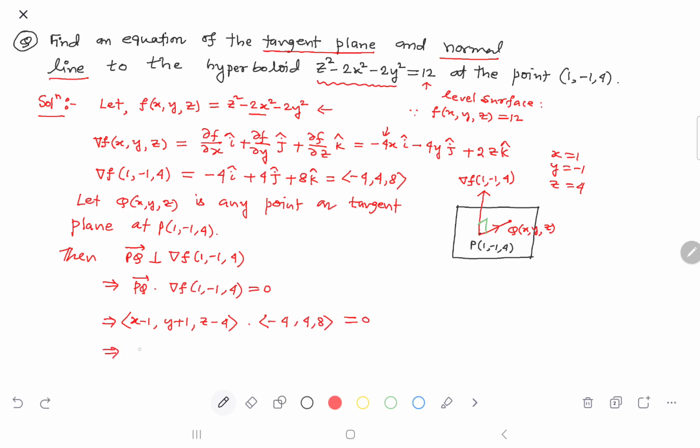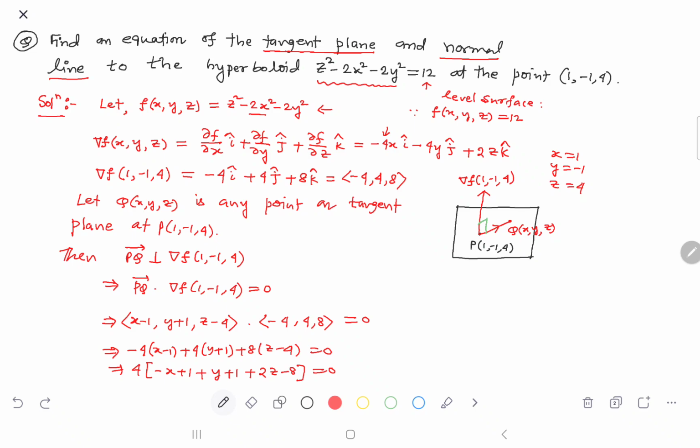If you simplify, you get negative 4 times (x minus 1) plus 4 times (y plus 1) plus 8 times (z minus 4) equals 0. You can factor out 4, then you get minus (x minus 1) plus (y plus 1) plus 2z minus 8 equals 0. Fine?